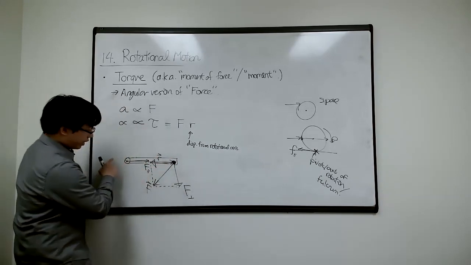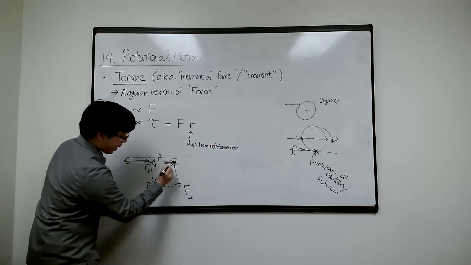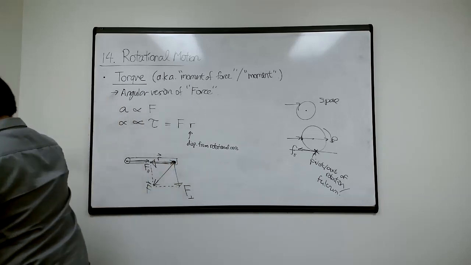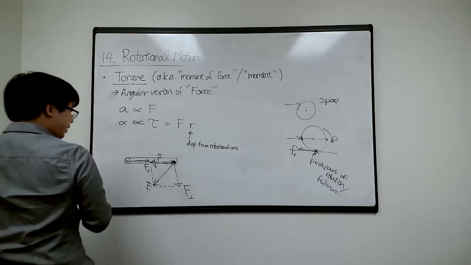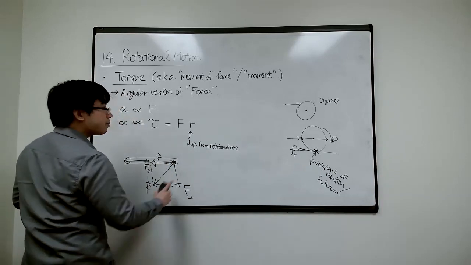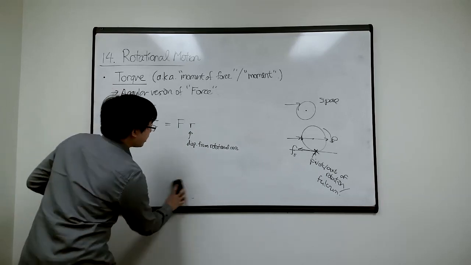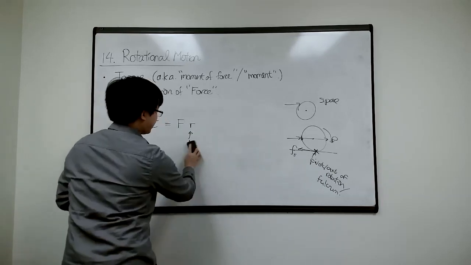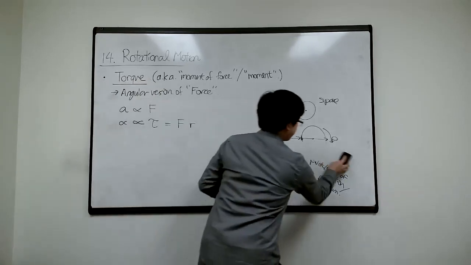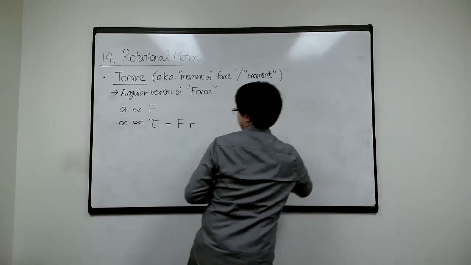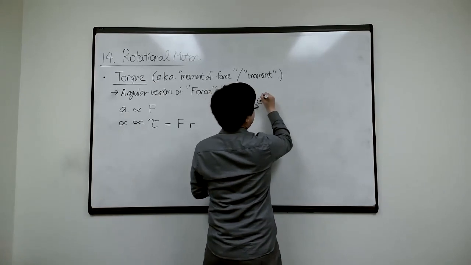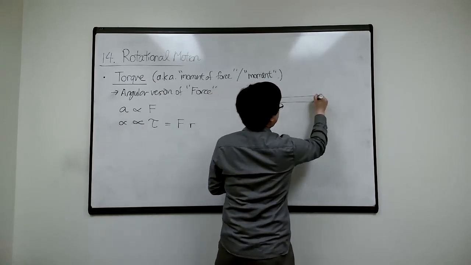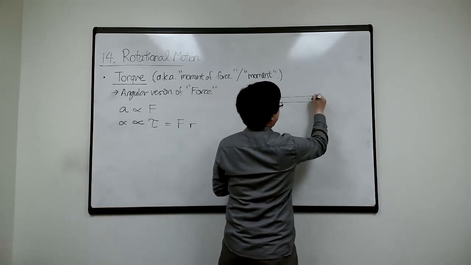So let's see, this is R. Let's try to compare F and R. In fact, let me draw it over there, because I want to push the force in a different direction. Okay, so this is the axis of rotation, and this is the point of contact that I'm pushing.